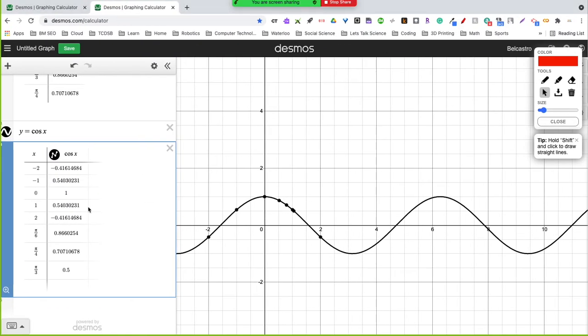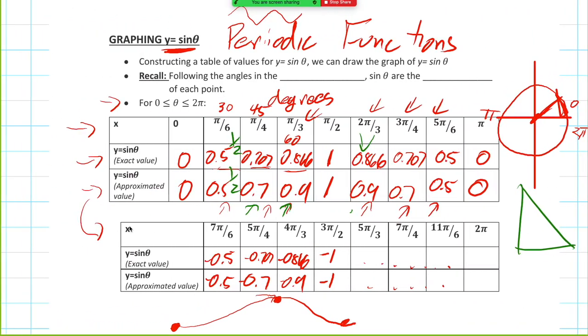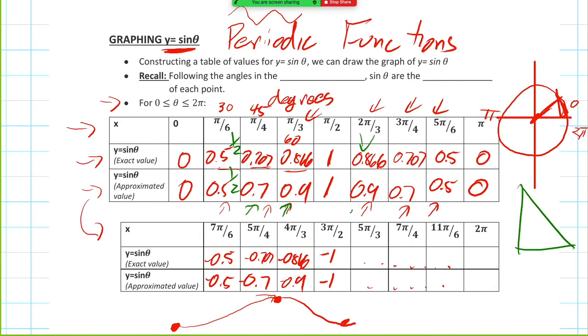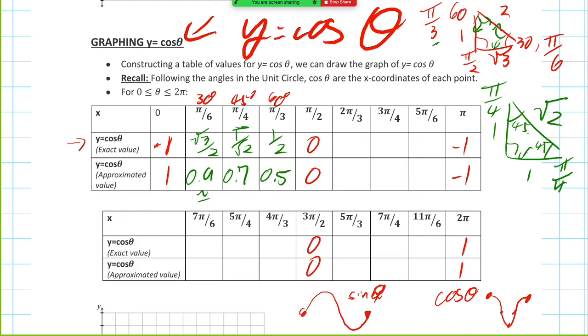Oh, sorry, I'm in the wrong page here. 0.7 was 1 over root 2. Let's go back. So this one actually ends up being 1 over root 2. And this one ends up being your root 3 over 2, which would be your more exact values. So we can use those concepts to jump through the page.